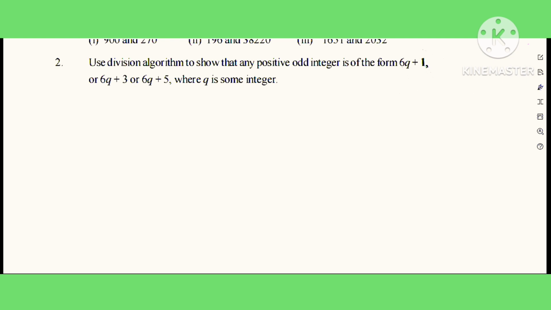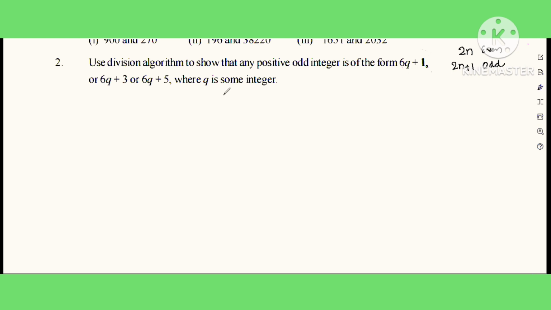Before solving it, you should know the general form of an even number and of an odd number. That is, 2n is even and 2n plus 1 is odd.